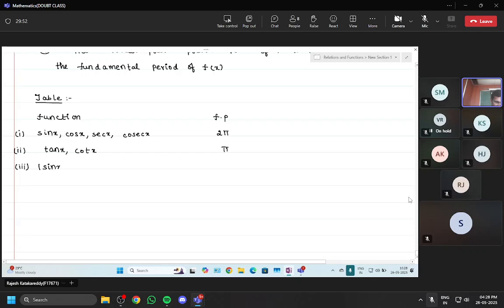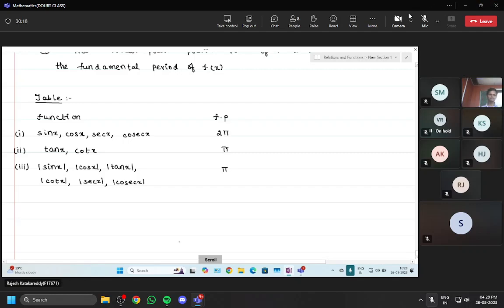Modulus of sin x, modulus of cos x, modulus of tan x, modulus of cot x, modulus of secant x, and modulus of cosecant x. Again, these all are periodic functions. Fundamental period of these functions is pi.